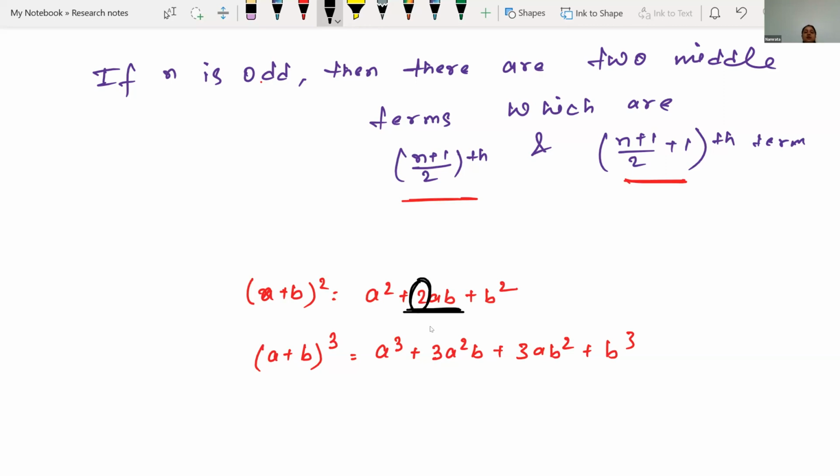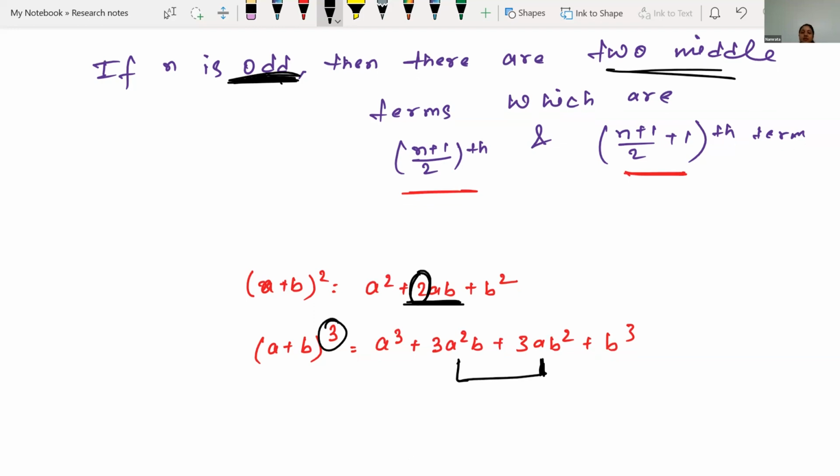Yes, ma'am. Here also for the other one, since the power is an odd number, there will be two middle terms. So you can see two middle terms over here, and both the coefficients are the greatest, right? Yes, ma'am. So we can conclude from here that the middle term is having the greatest coefficient. Okay.